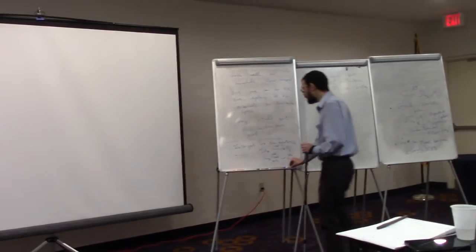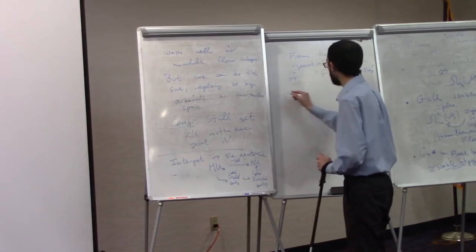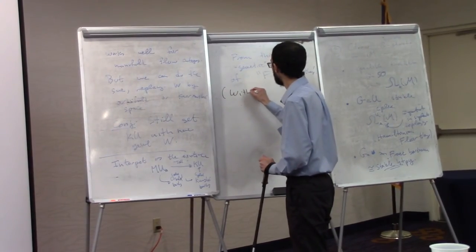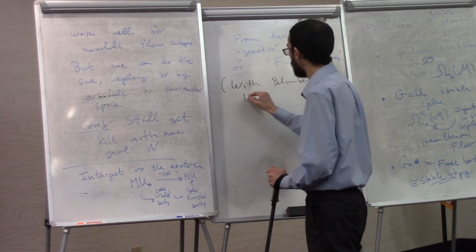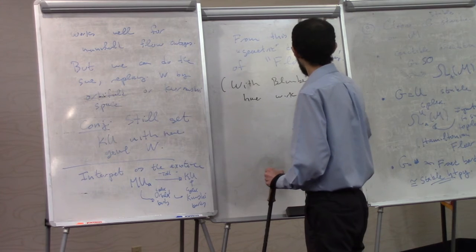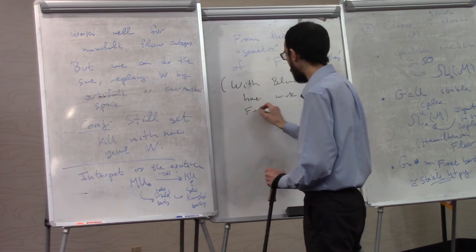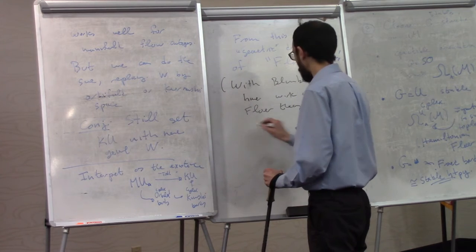Now, just a small advertisement: there's been this work, still not released, with Blomberg. We have some work on Morava K-theories, work on Floer theory with coefficients in Morava groups.